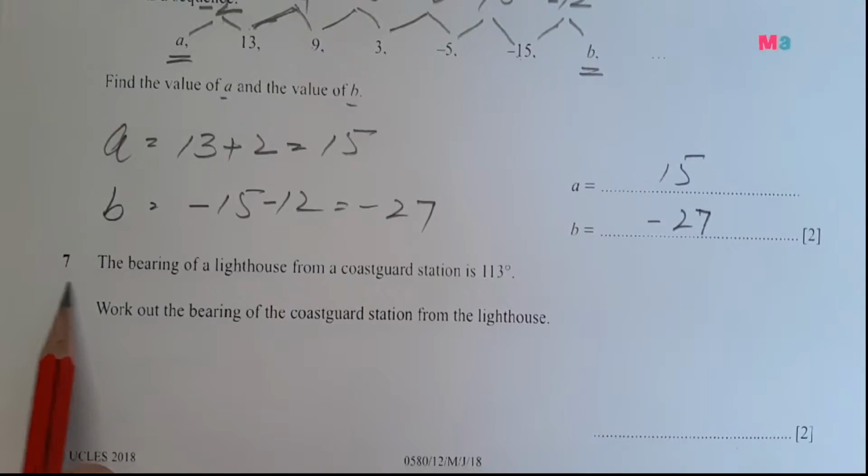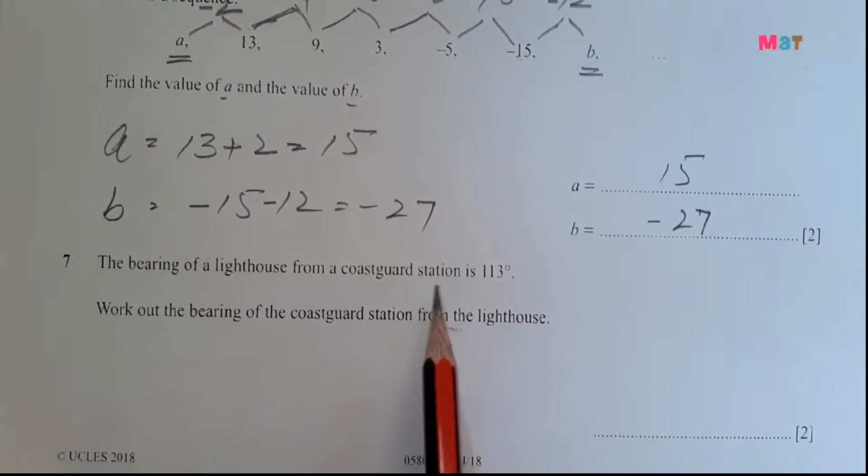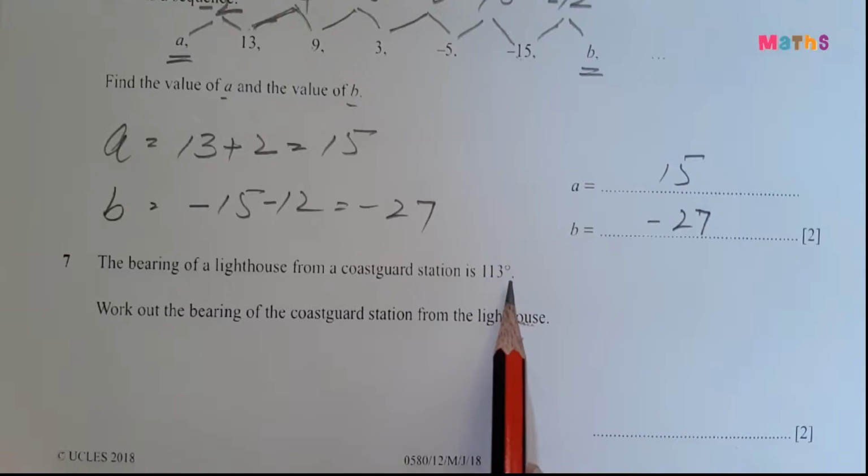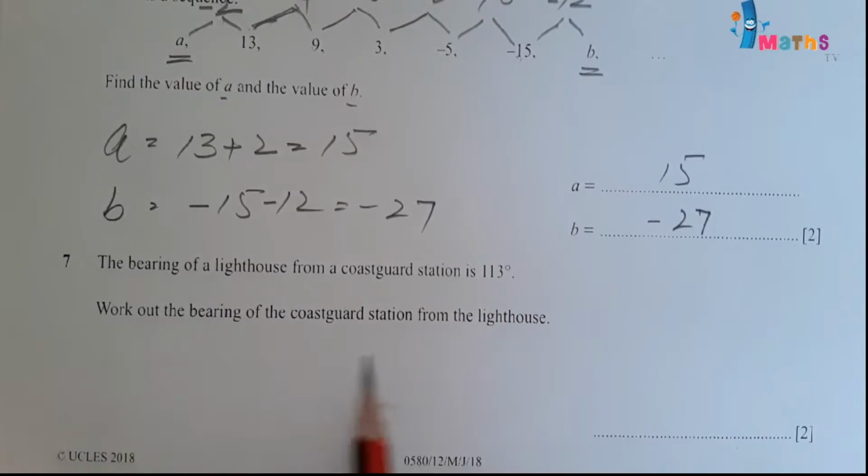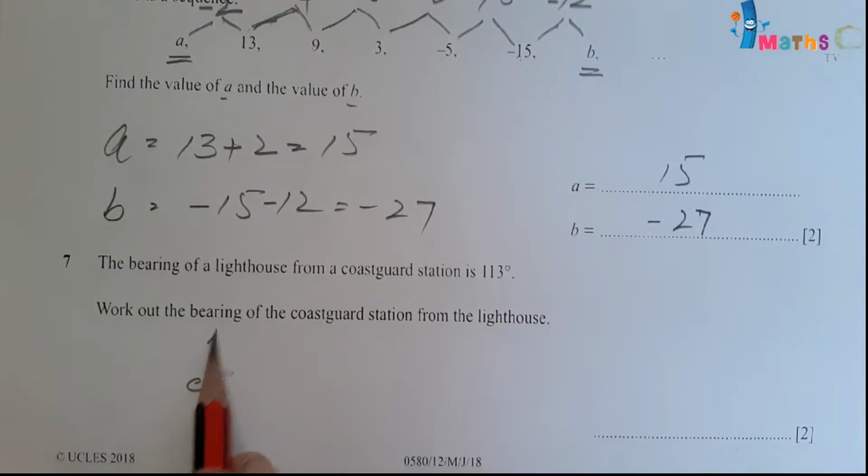Question number 7. The bearing of lighthouse from a coast guard station is 113 degrees. Work out the bearing of coast guard station from lighthouse. So if we just draw a rough drawing, this is coast guard, and from here, for example, this is north.